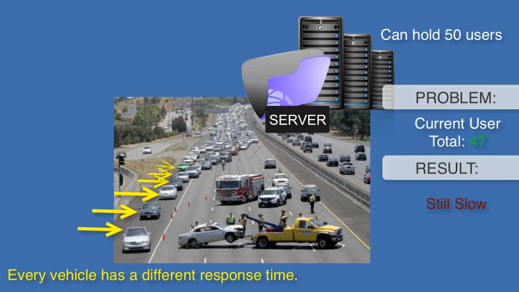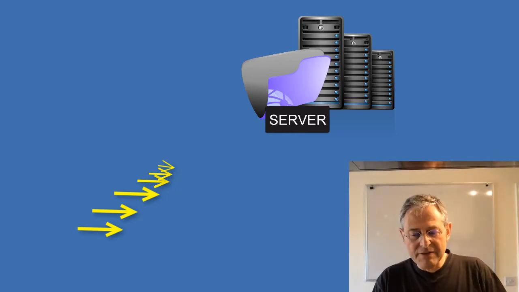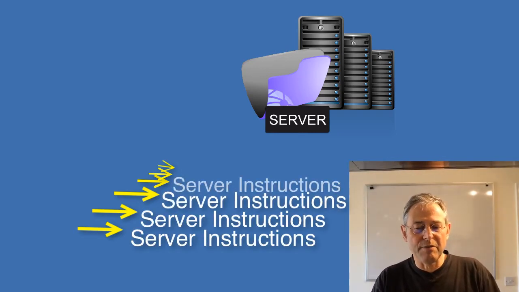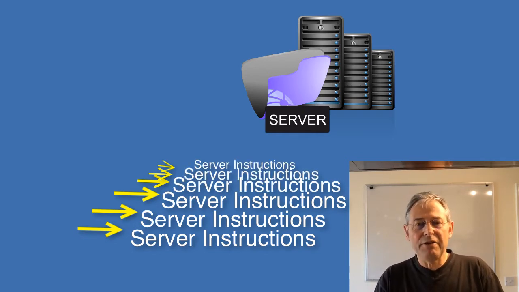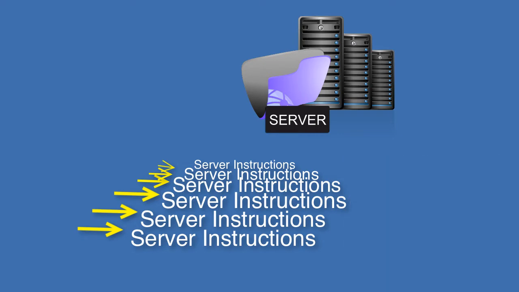When you look at the data going through the server, it is dealing with a whole series of instructions. Every instruction is like a car on the freeway, and each instruction has to be handled. Although these things are almost instantaneous in normal circumstances, if there are an awful lot of them happening together, this all builds up, and so you get that lag.